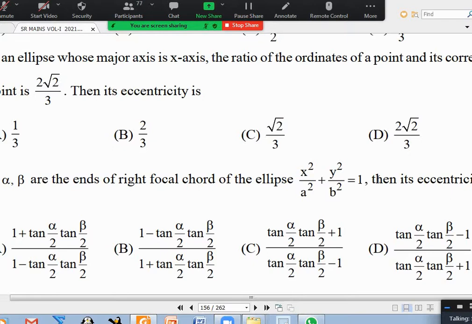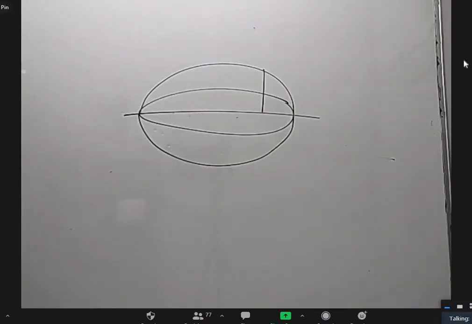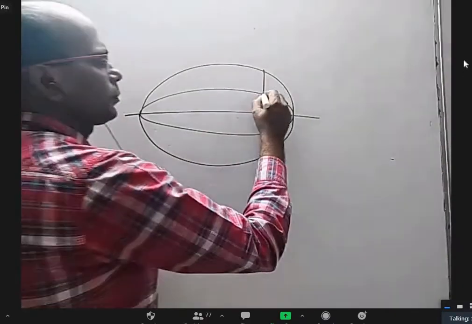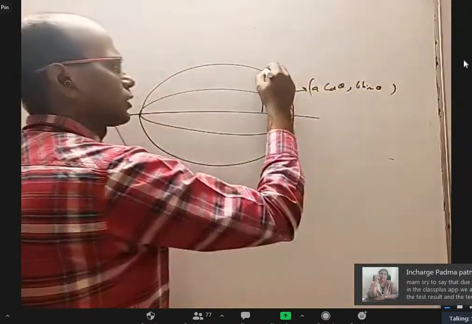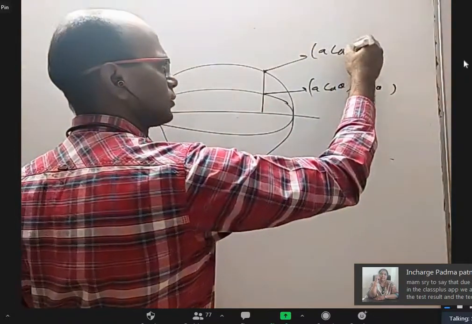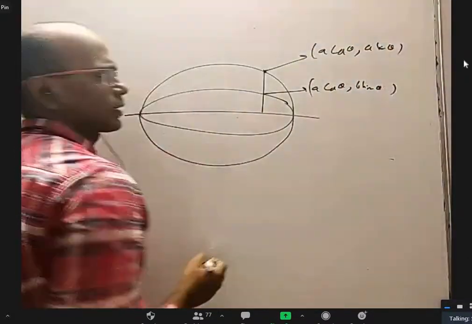When I told you about the definition of the parametric form a cos theta comma b sin theta, what is this theta? We have an ellipse and we have an auxiliary circle. If you take any point on the ellipse as a cos theta comma b sin theta, the corresponding point on the auxiliary circle is a cos theta comma a sin theta.